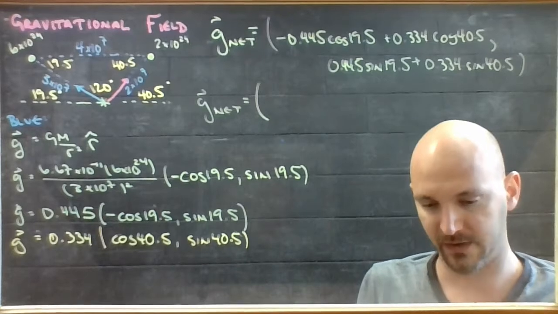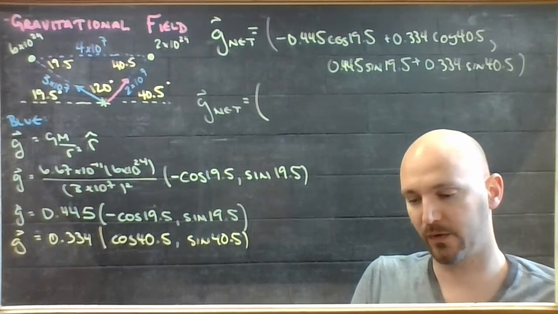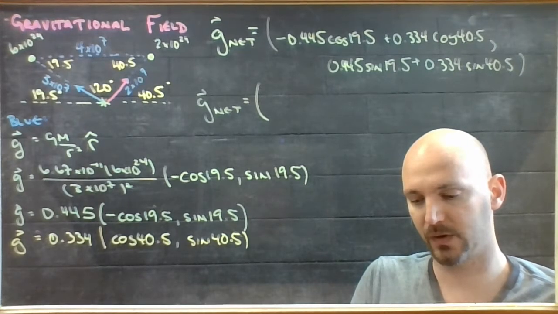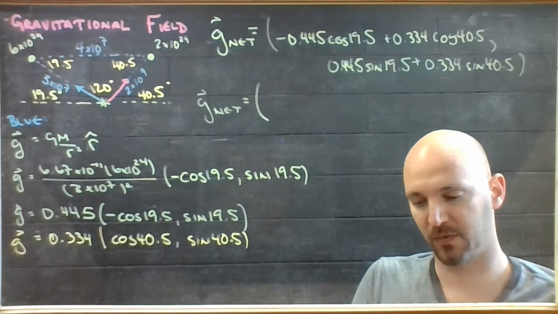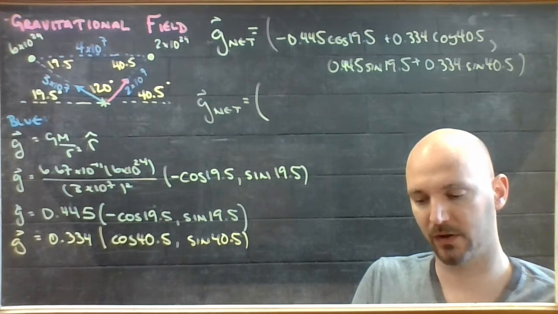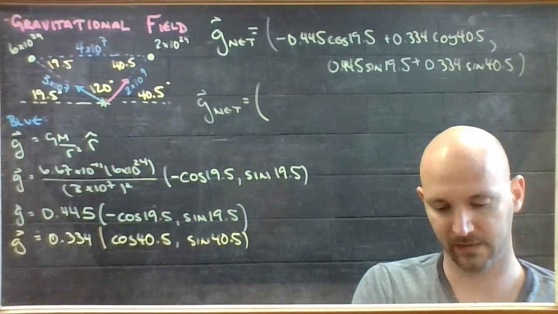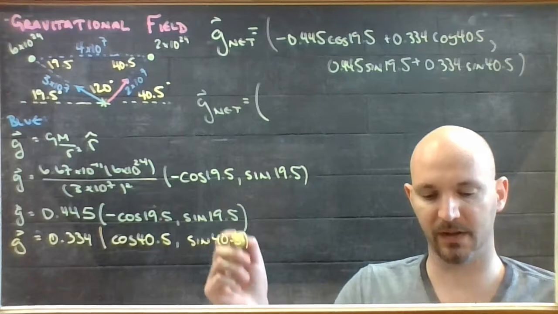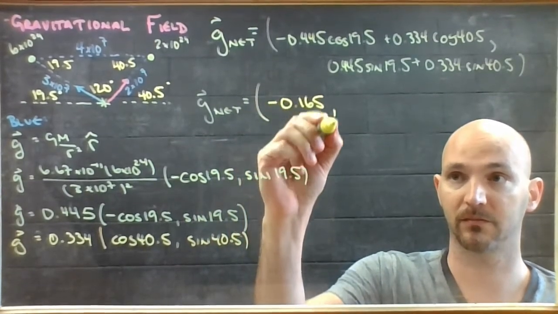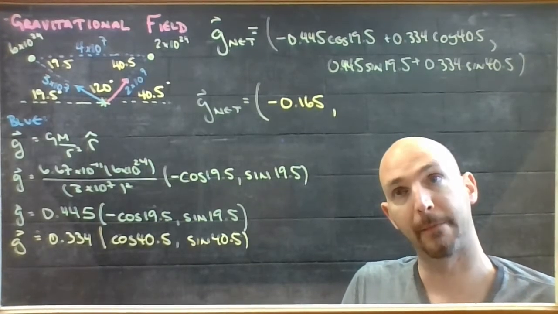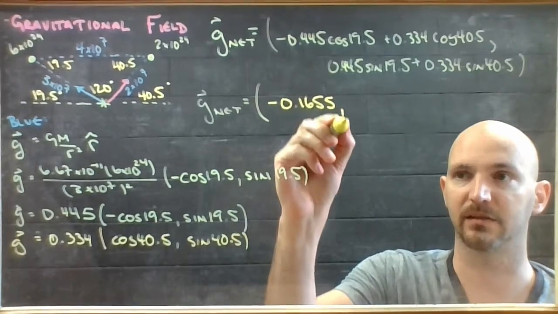So I will have to do negative 0.445 cosine 19.5 plus 0.334 cosine 40.5, and I get net negative 0.165 655 if I round like this.